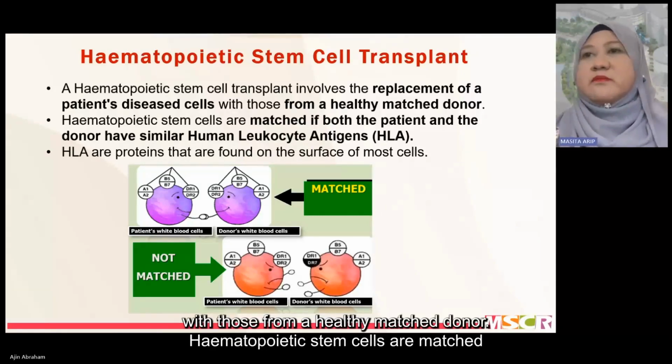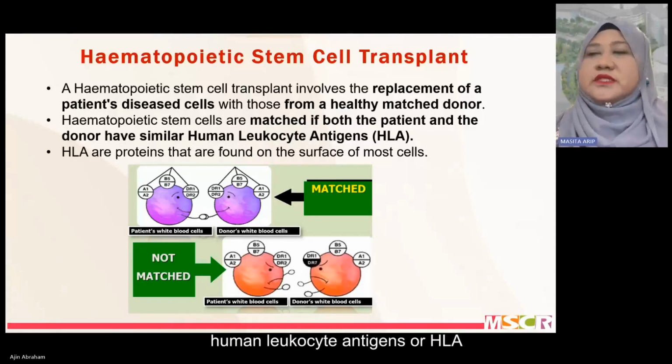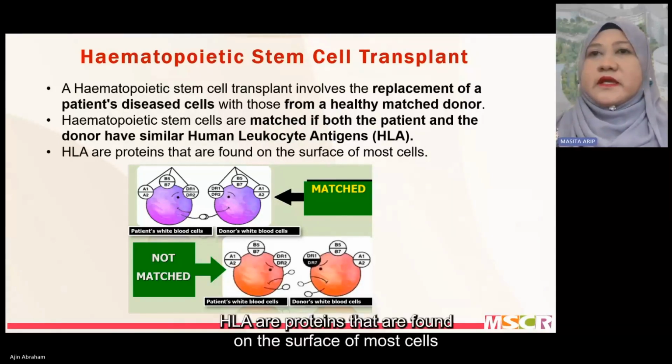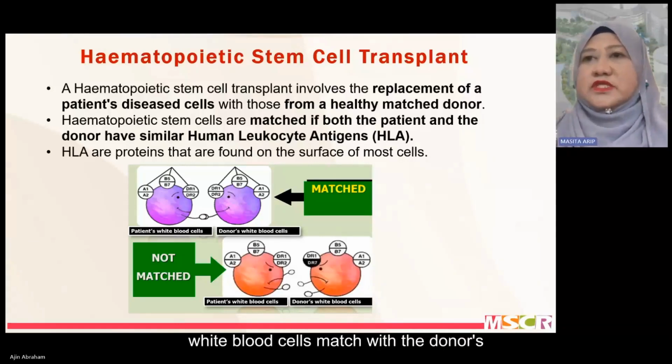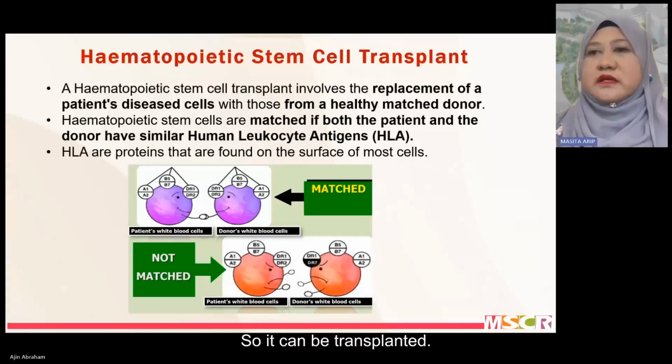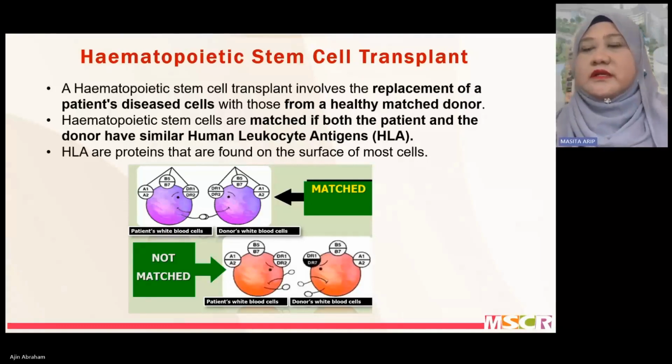Hematopoietic stem cells are matched if both the patient and the donor have similar human leukocyte antigens, or HLA. HLA are proteins that are found on the surface of most cells. So as you can see in this diagram, if the patient's white blood cell matches the donor's, it can be transplanted. And if one of the HLA is not matched, the transplant cannot be done.